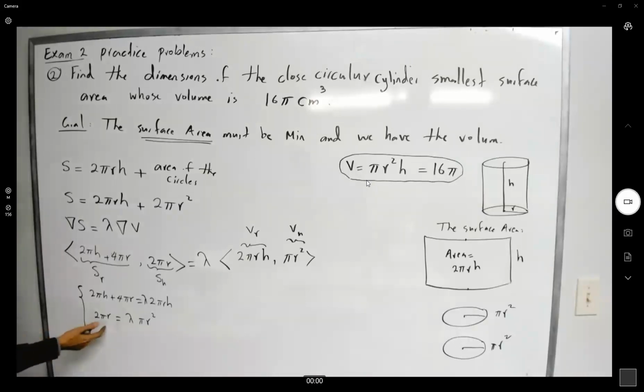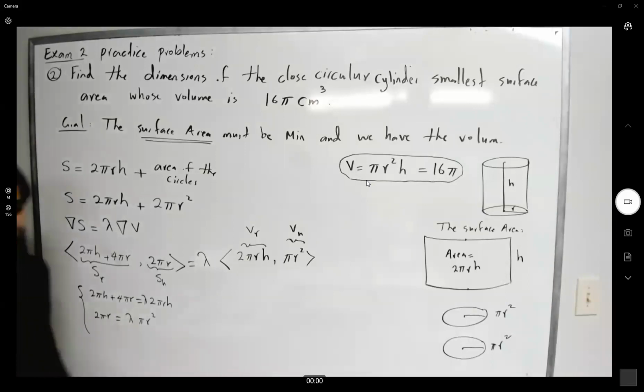So from the second equation, you can cancel out pi and pi. Then you cancel out one of r, and lambda is equal to 2 divided by r. You can substitute that in the first equation, get rid of your lambda, and try to figure out what r is, what h is.